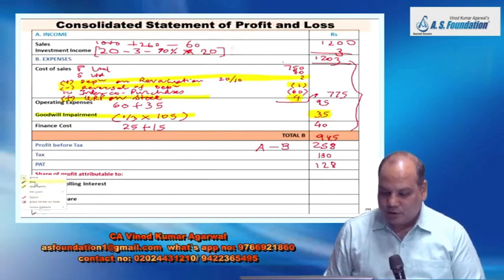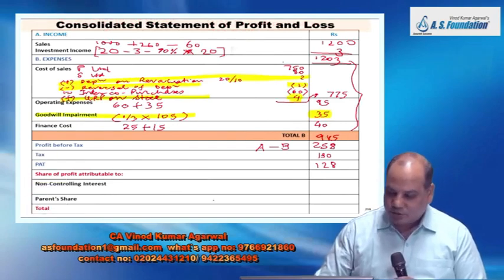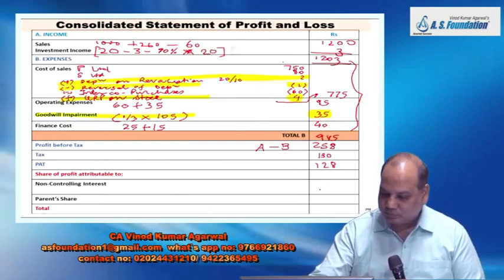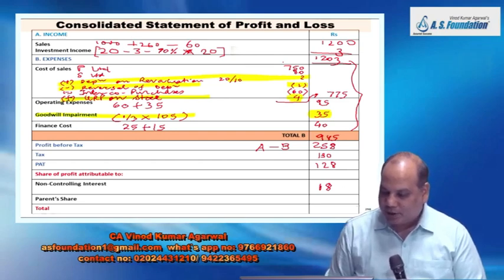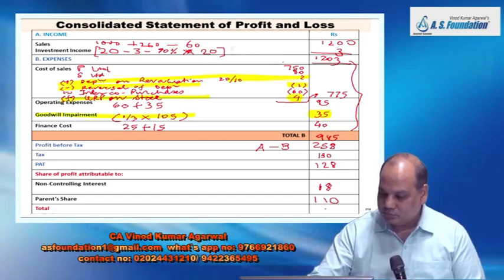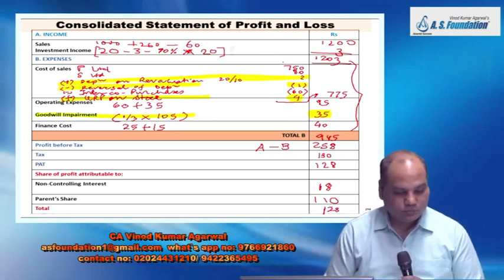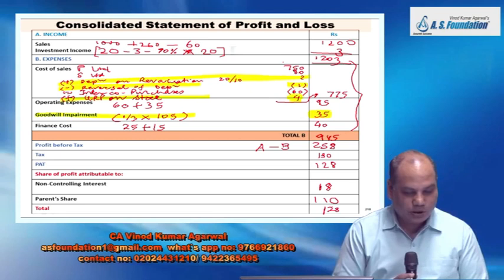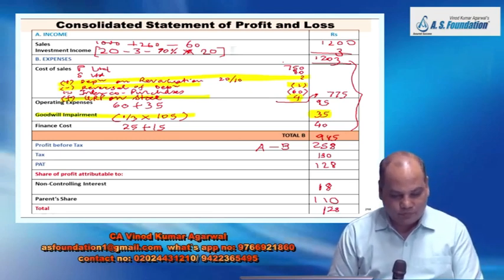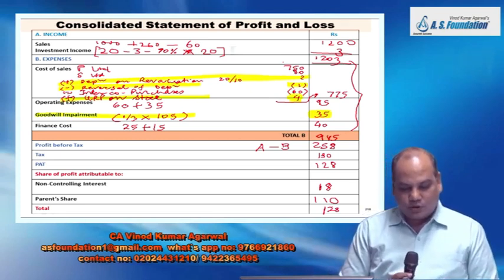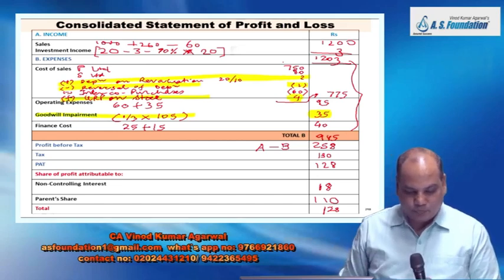So we are on the profit and loss statement again. NCI share 18. Right, refer working note 3. Parent share balancing figure 110. So P&L account is closed. Now we have to close SOCIE.